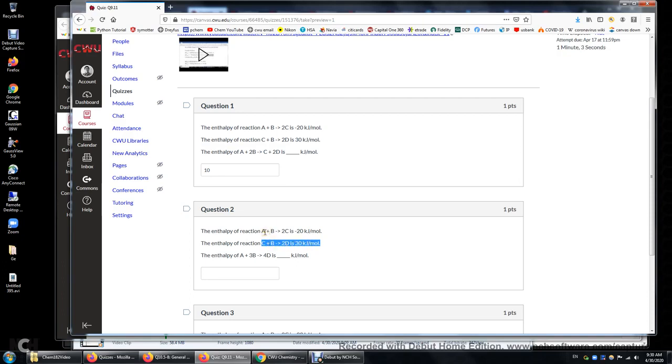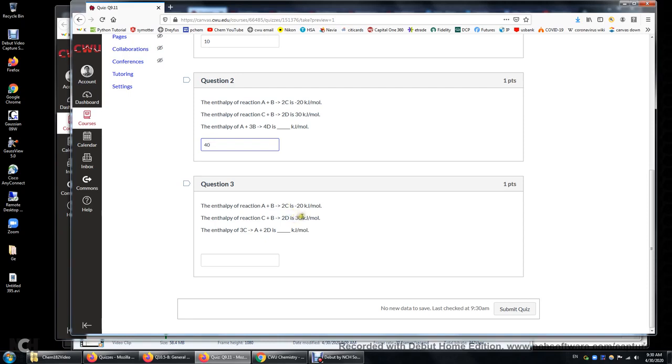We get A plus B plus 2C plus 2B. So that's actually A plus 3B plus 2C. On the right-hand side, it's going to be 2C plus 4D. All right? And the 2C on the left-hand side and on the right-hand side, they cancel. And then we just need to have this number multiplied by 2. That's 60 plus this one. 60 plus negative 20, it's going to be 40.